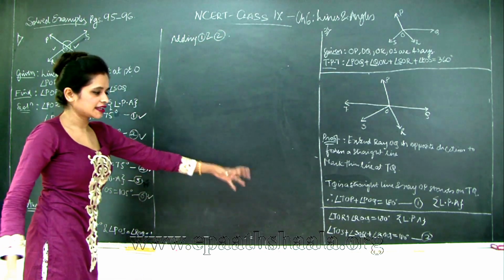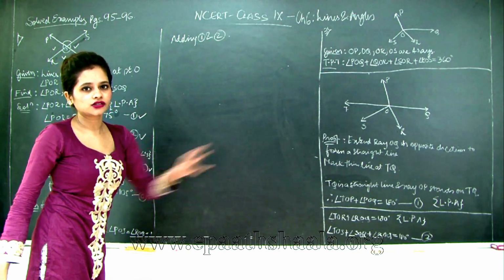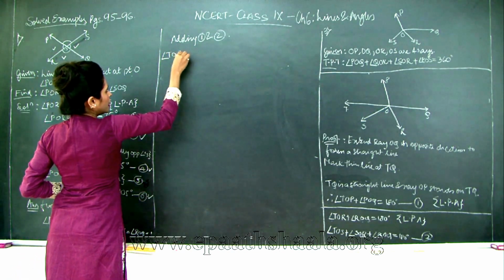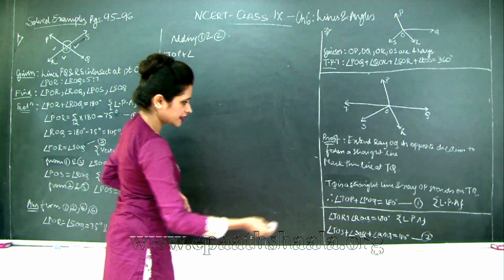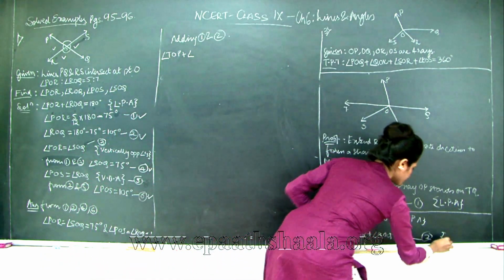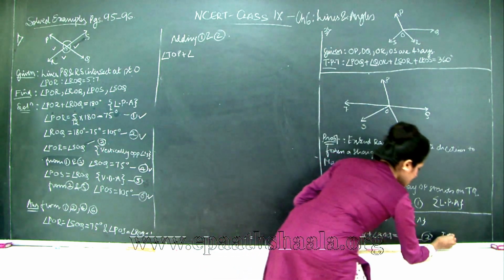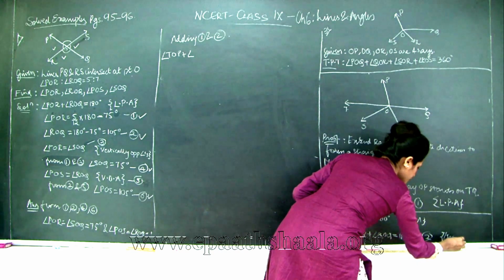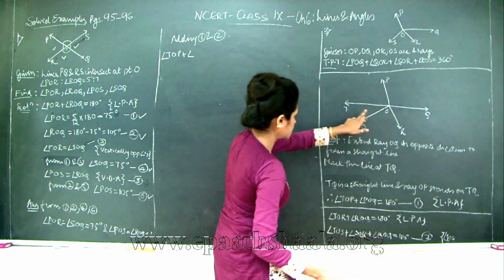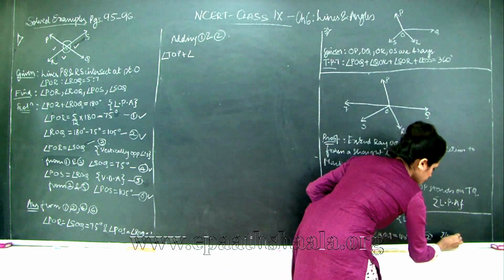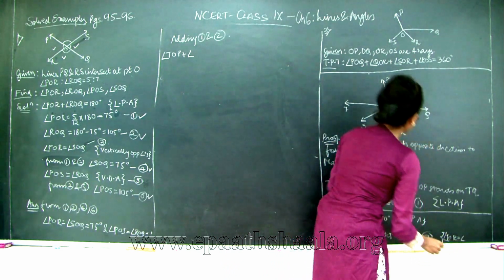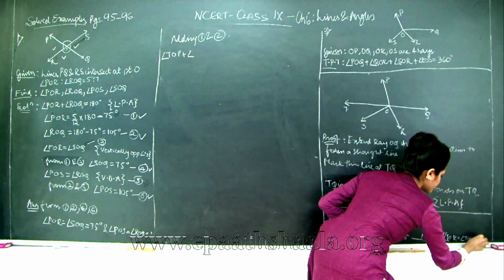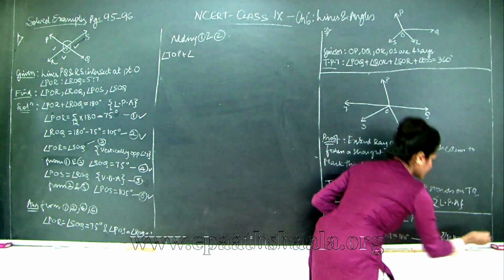Adding 1 and 2, what do we get? So, let's add the left hand side on one side and the right hand sides on the other side. I have angle TOP plus angle, did I miss to write adjacent angles here? TOS and SOR are adjacent angles. Sorry, TOR is equal to angle TOS plus SOR. Correct?